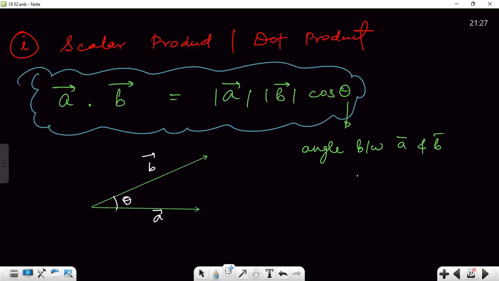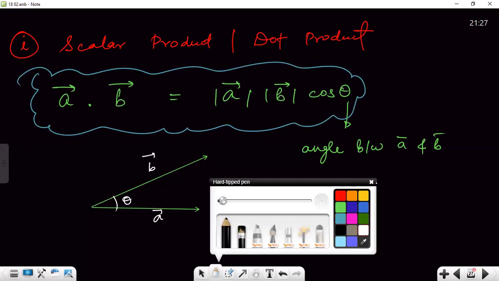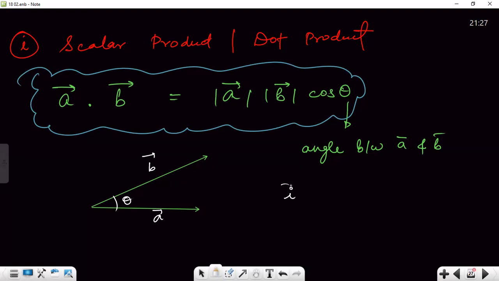So from here we can draw some cases. If theta is 90 degrees, if vectors are perpendicular, then their dot product will be 0 because cos 90 is 0.